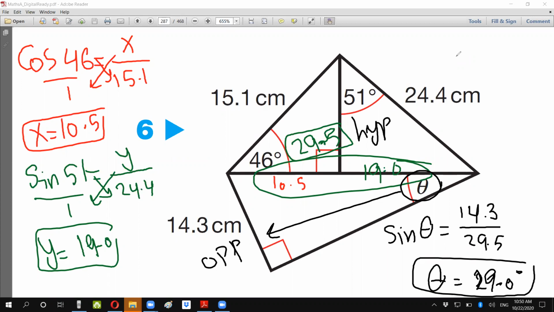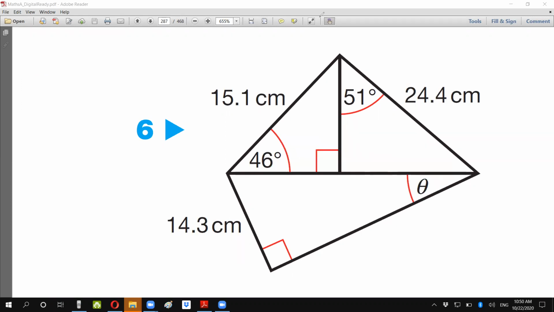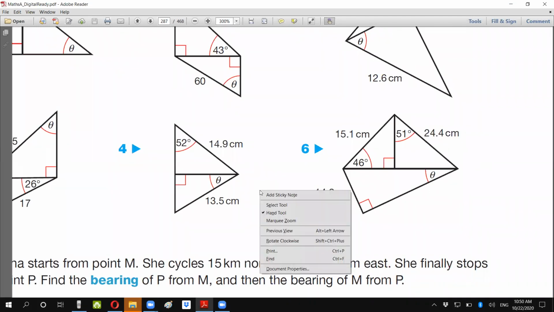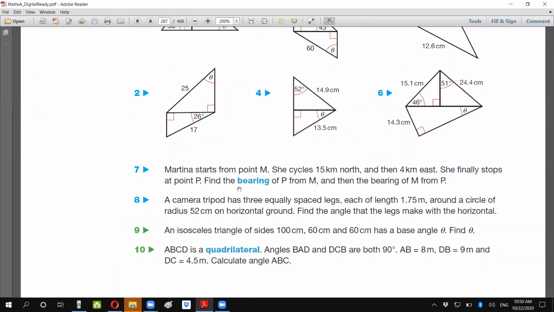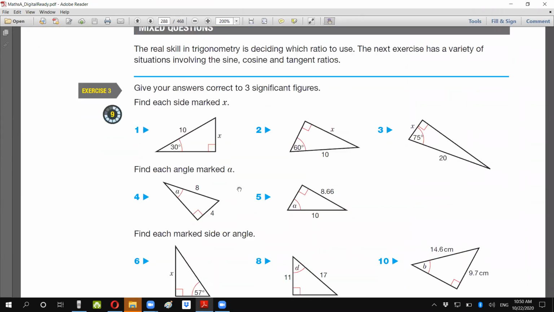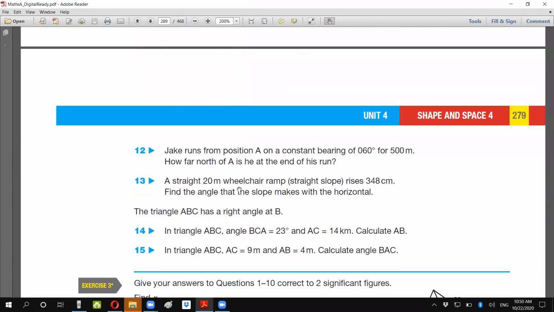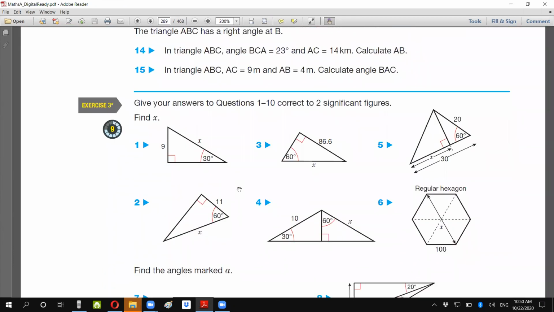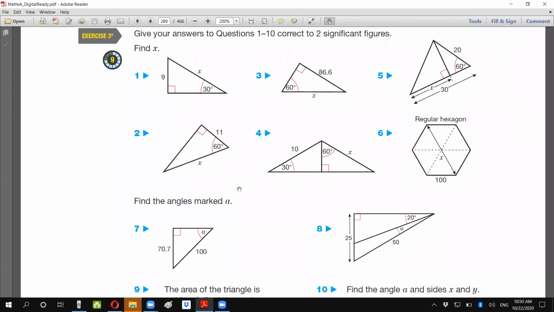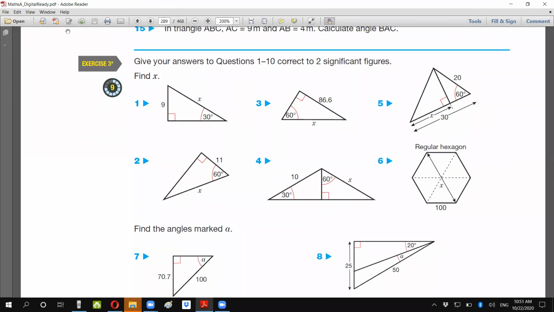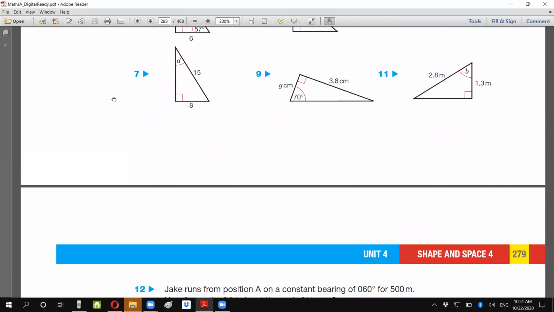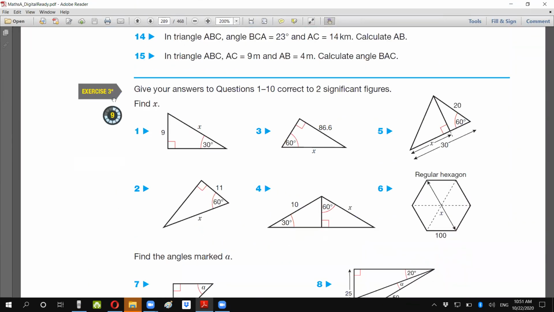Okay. We will solve exercise 3 star at page 279 next time.